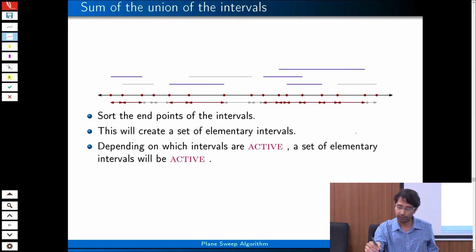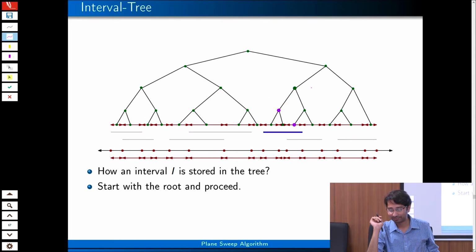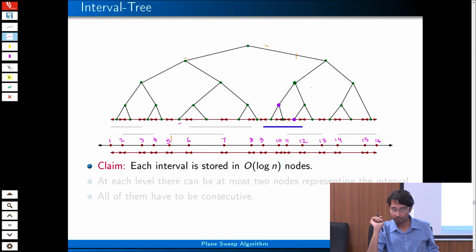One, 2, 3, 4, 5, 6, 7, 8. So by mistake I have deleted one. Sorry for that, and thank you for pointing it out. Okay. Now you understood how to insert or delete an interval here. Is it clear to you?